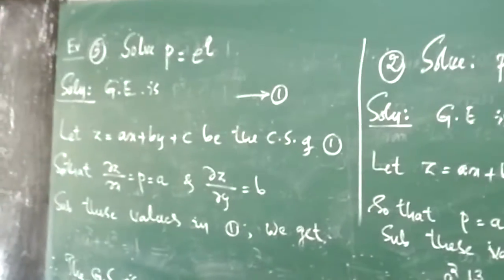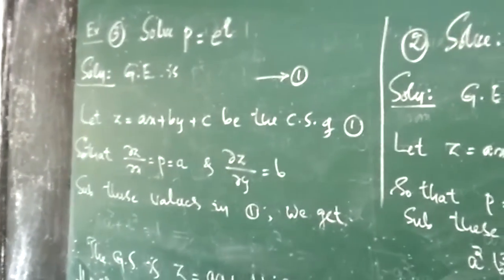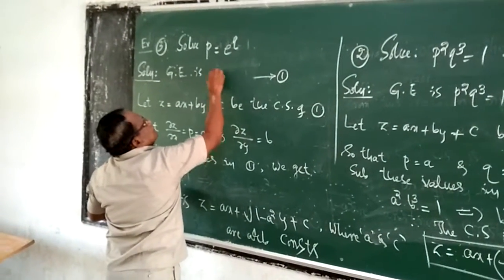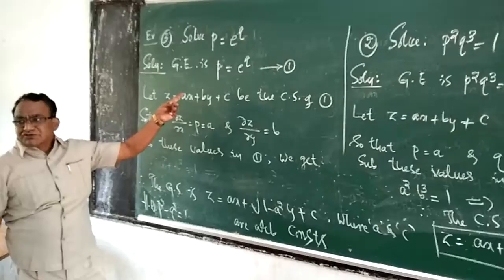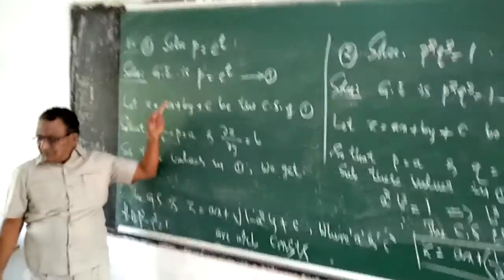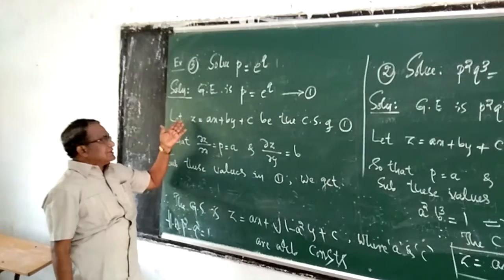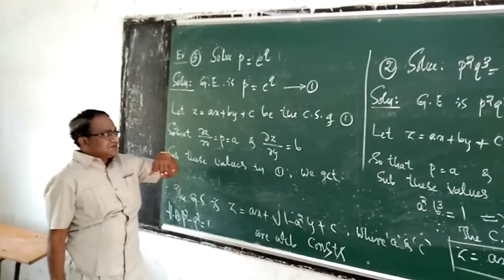Solution. The given equation is p is equal to e to the power q. Call it equation number 1. Observe here it contains only p and q. Therefore it is of type 1. Let the general solution be z is equal to ax plus by plus c.